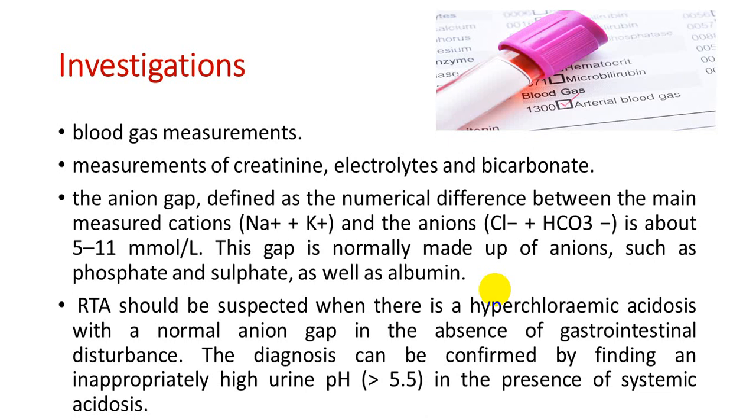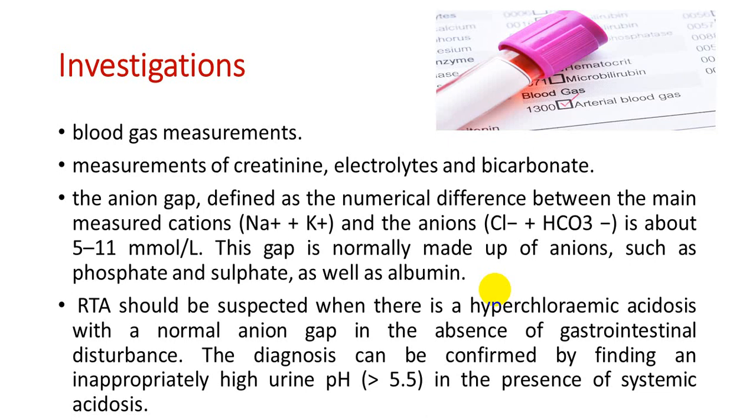The anion gap, defined as the numerical difference between the main measured cations, sodium plus potassium, and the anions chloride plus bicarbonate, is about 5 to 11 millimole per liter. These figures are to be memorized. This gap is normally made up of anions such as phosphate and sulfate, as well as albumin.